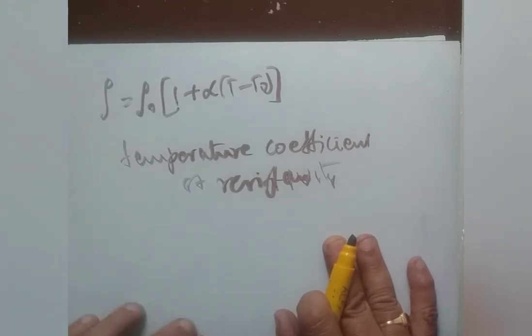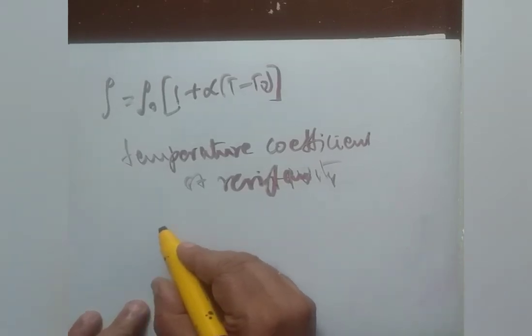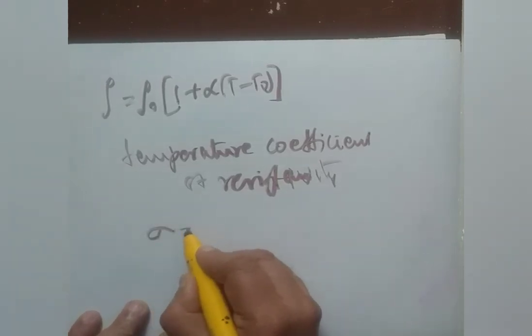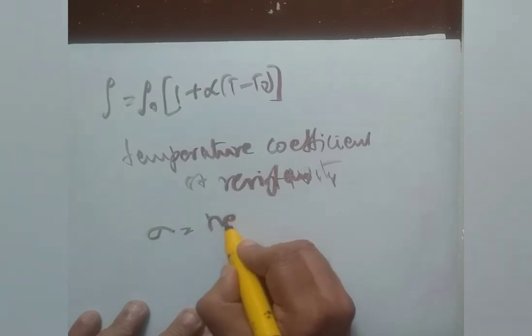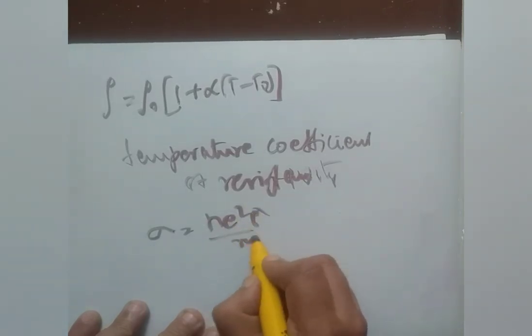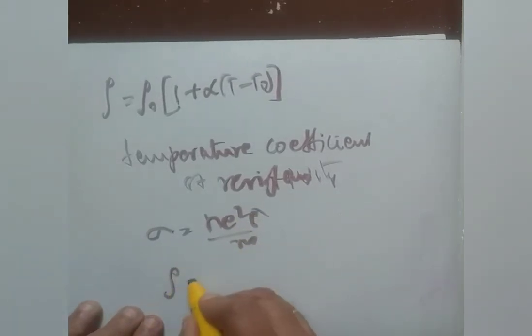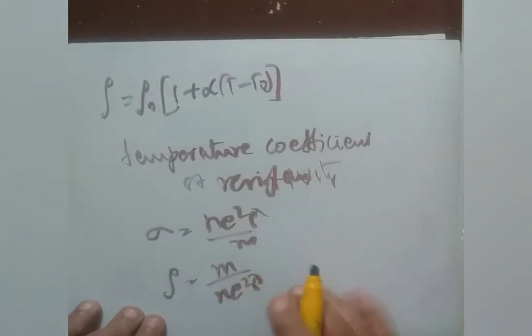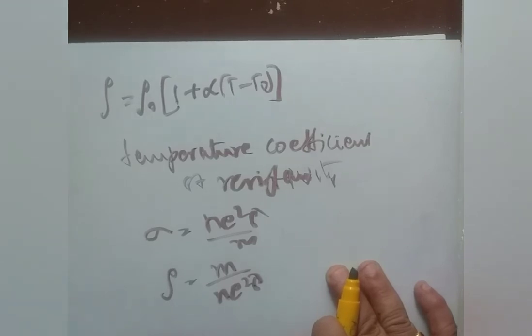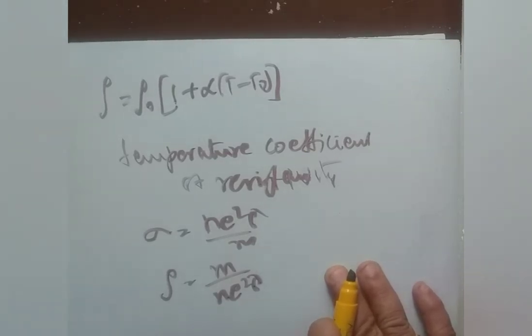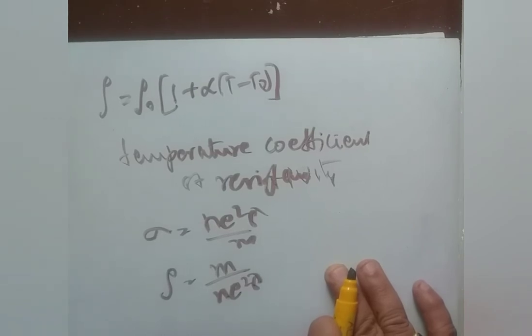For metallic conductors, as we have proved, conductivity is Ne squared tau by m. Therefore, resistivity is its reciprocal, m by Ne squared tau. And observe, according to the relaxation time concept, as temperature increases, collisions become more and more, and the relaxation time decreases.